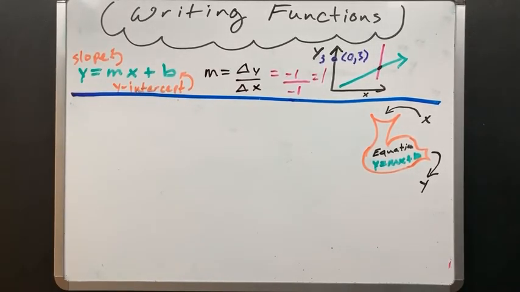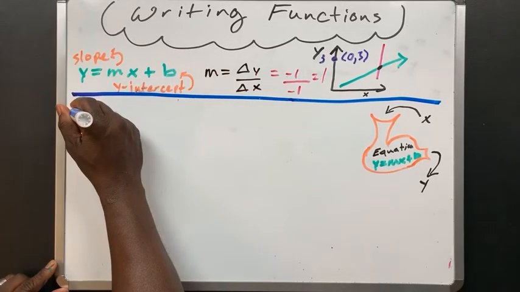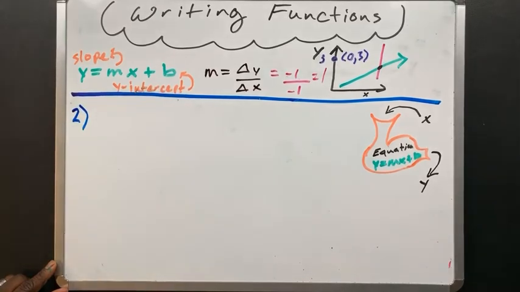Okay, so in this particular case, we have a set of 4 coordinates. Let me get those up here. This is number 2. I think I'm going to use a different color.